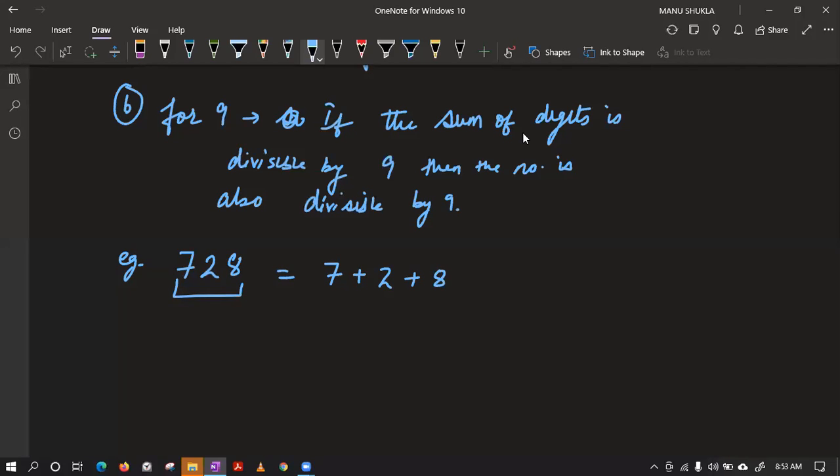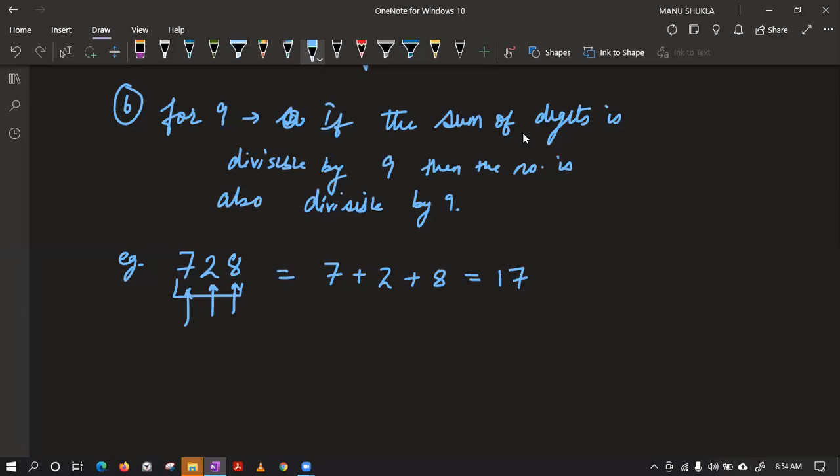7 plus 2 plus 8 is how much? Please tell. It is 17. So we just need to add 1. If I make this number 8, the work will be done. Or if I make this number 3, or if I make this 9, then also the work will be done.